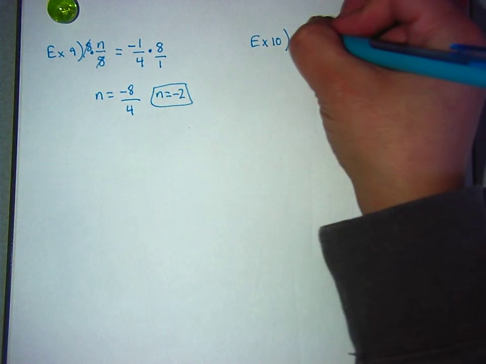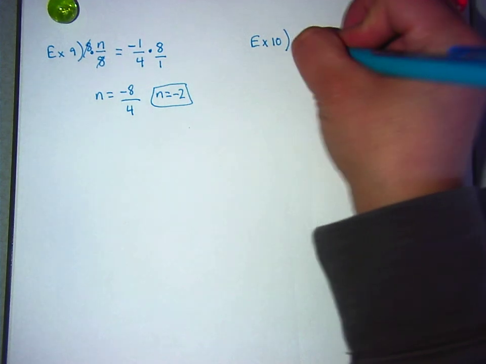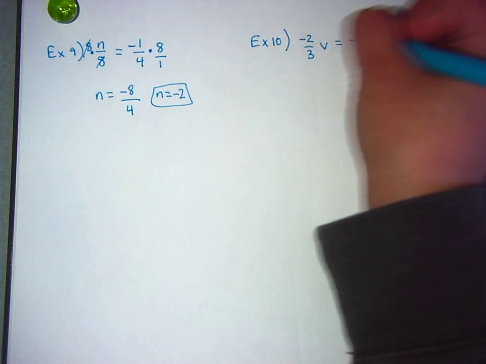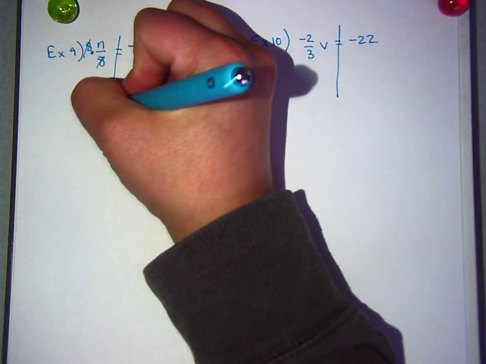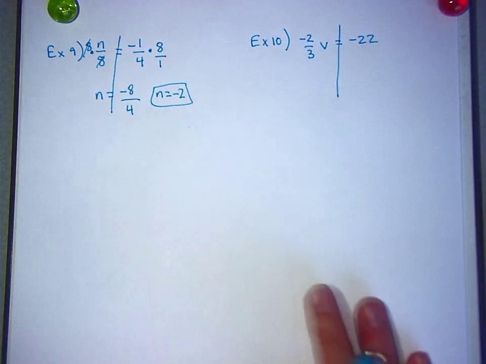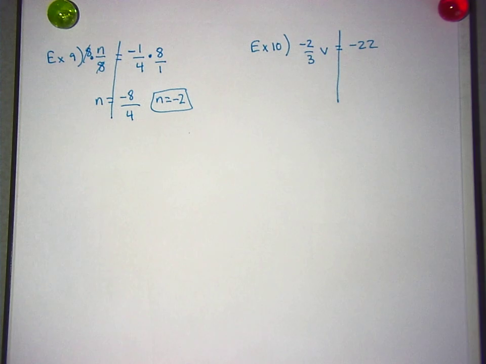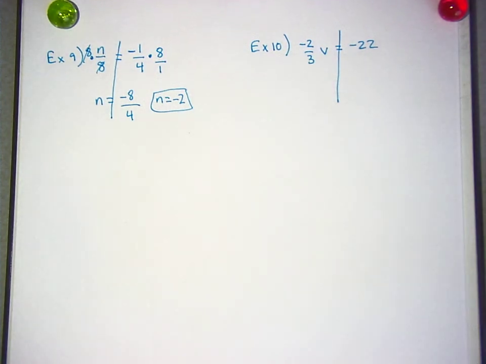All right, example 10. Negative 2/3 v equals negative 22. Make sure you put your line in. How do we get rid of a times by negative 2/3? Divide by negative 2/3, which is the same thing as multiplying by its reciprocal.